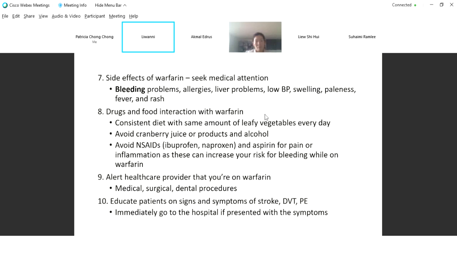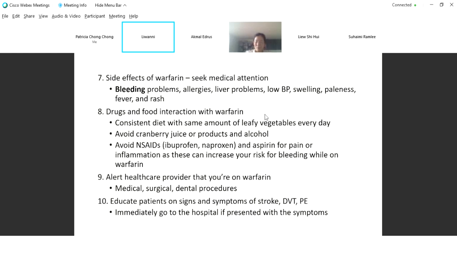And we have to tell the patient about the side effects of warfarin. The main one is bleeding problems, and we have to tell them that if any bleeding happens, they have to seek medical attention immediately. We also have to brief them about the drug and food interactions with warfarin, and they have to be reminded to take a consistent diet with the same amount of leafy vegetables every day, and also avoid cranberry juice or any alcohol products because these can interact with warfarin.